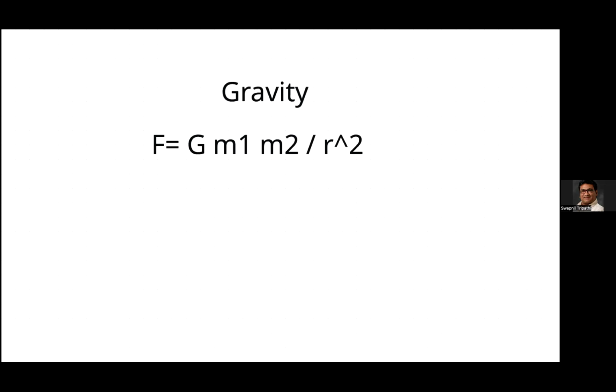So if we have M1 and M2, then there's a mutual attraction, which is along the line joining these two objects, and it is equal to G times the product of M1 and M2 divided by R squared, where R is the distance. This is also called inverse square law because it is inversely related to the square of the distance.